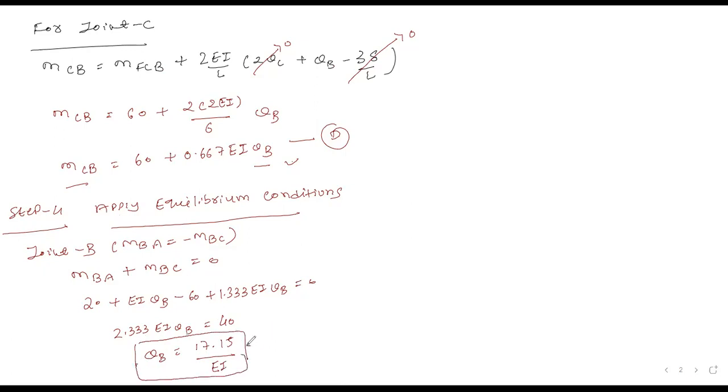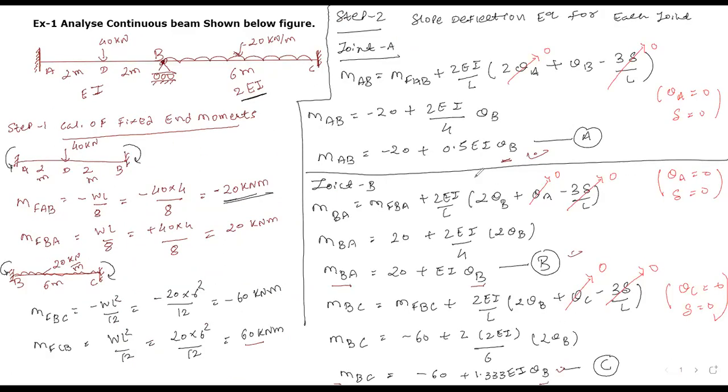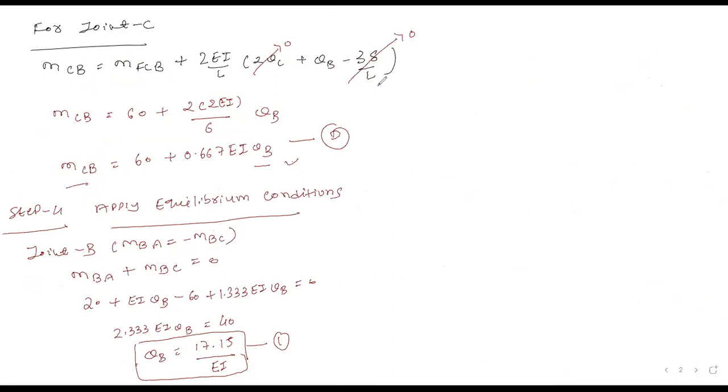So say this is equation number 1. Put this equation number 1 in each of equations A, B, C, D. That is, the value of theta B we are placing in equations A, B, C, D to calculate the end moments. Fine. So now please calculate separately and give me the answer.